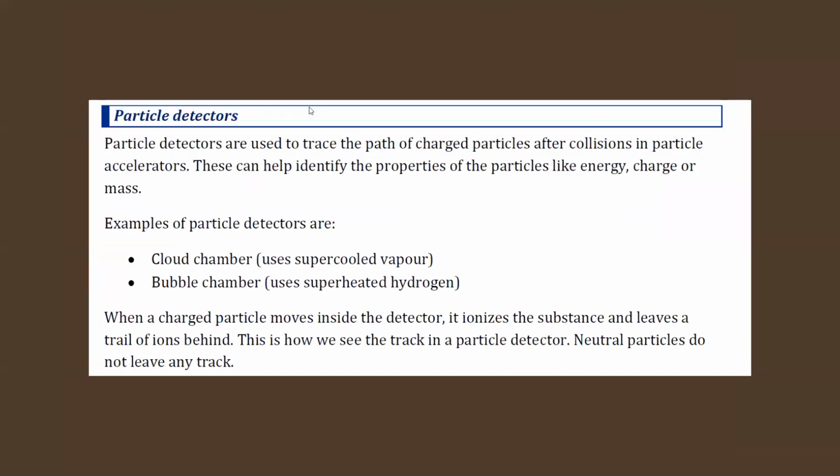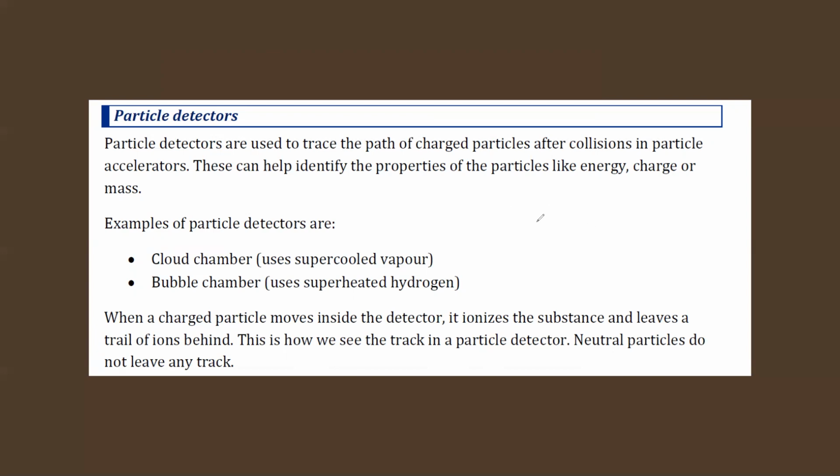Then the particle detectors. Basically after accelerating the particle, we make one particle collide with another one, and then we detect these particles. For particle detectors, different detectors can be used. We can use a Wilson cloud chamber, or we can use a bubble chamber. You don't have to learn the detail of how these chambers work, but the basic idea is that they contain, like one uses a supercooled vapor, another one uses superheated hydrogen.